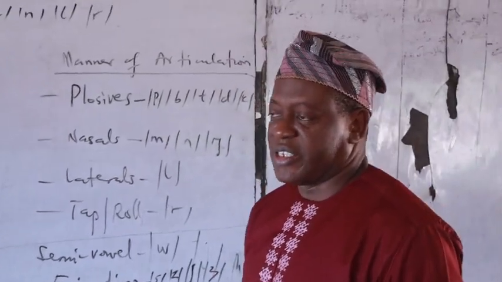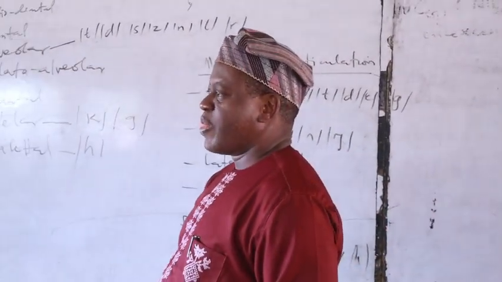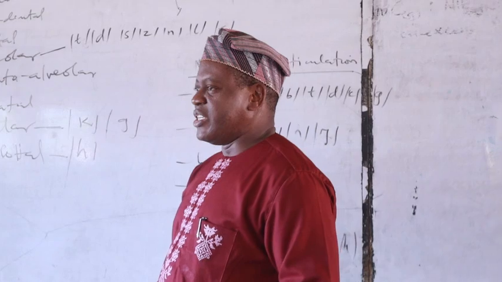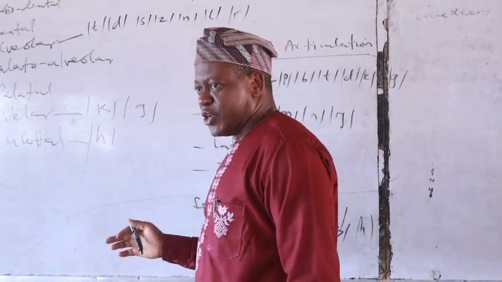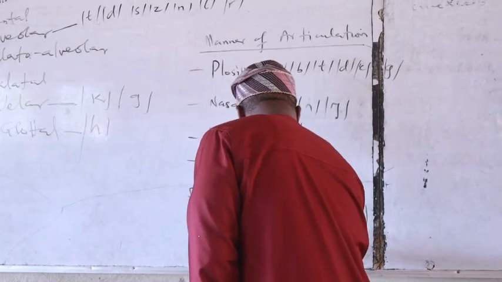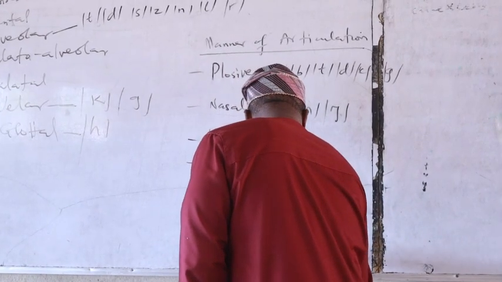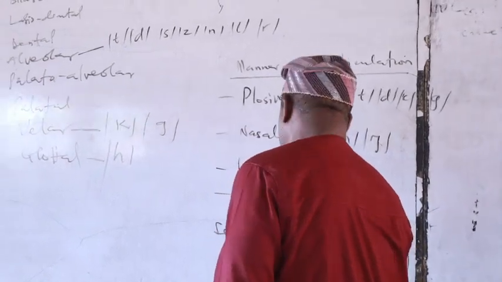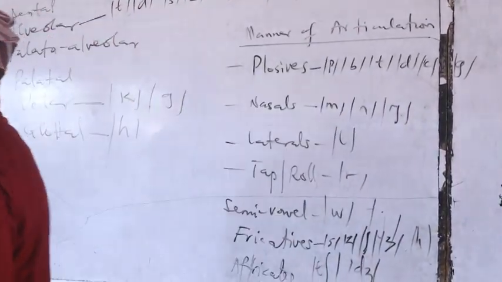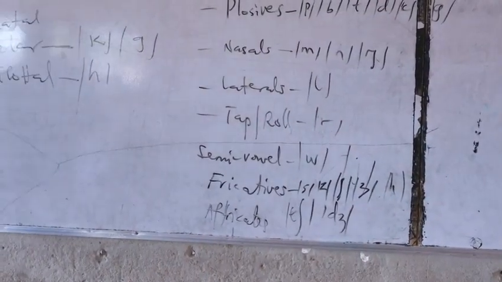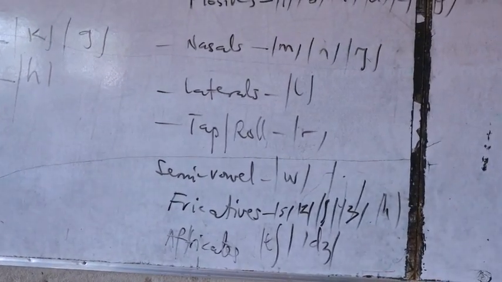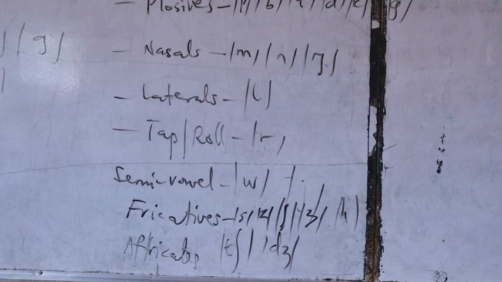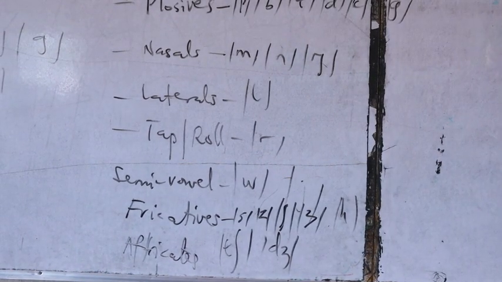Then affricates, that one is close to plosive, but not like that. We have the sh sound, we have J. Now, these are the manners of articulation. That is, the ways the air will come out of the mouth.